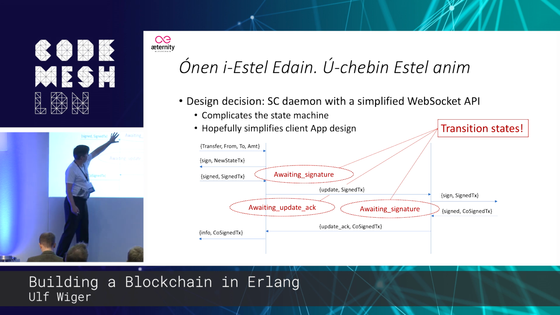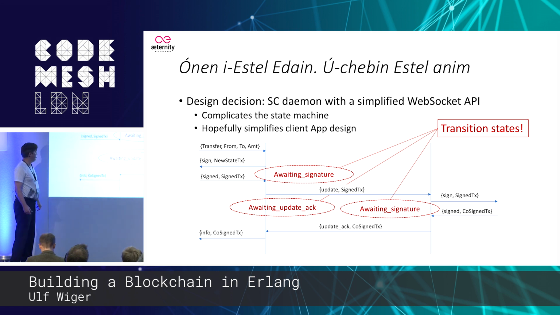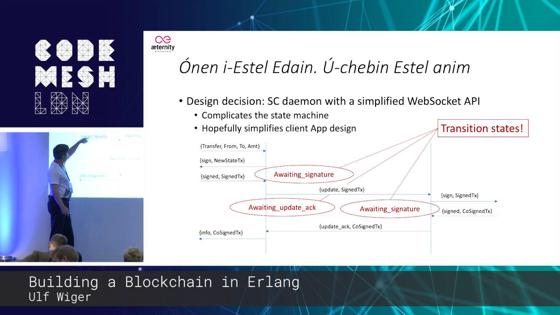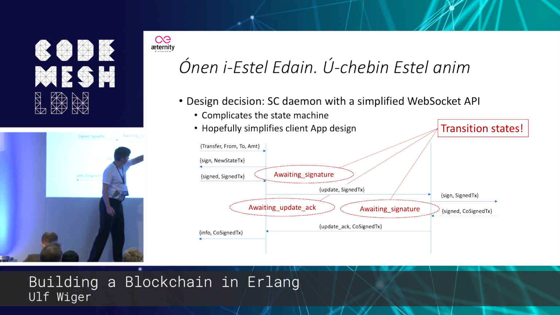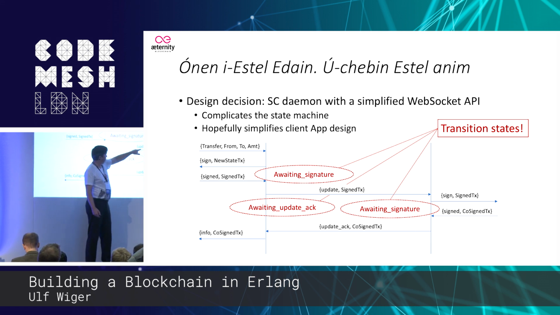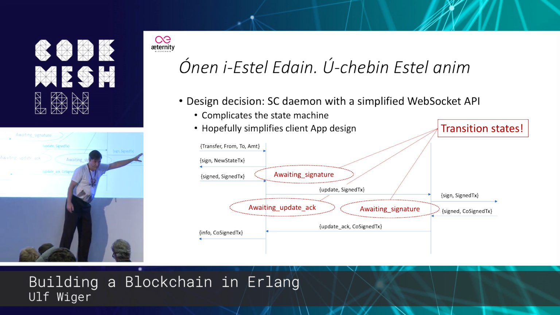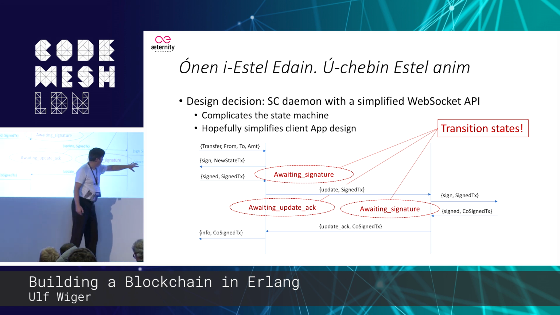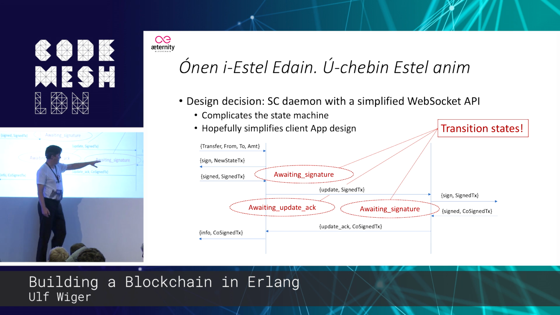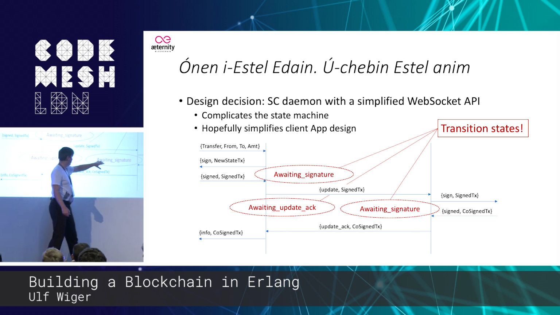But then you end up with these transition states that can be fairly significant in time. Once this is signed, you send an update request to the other party, and then that FSM sends a signing request to its client, and it signs it back, basically approving the operation.